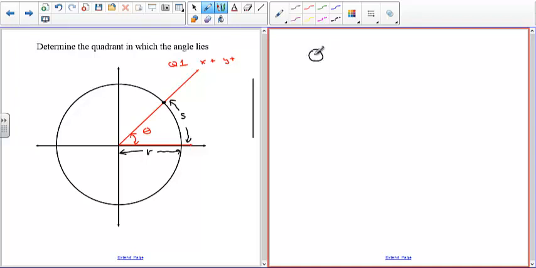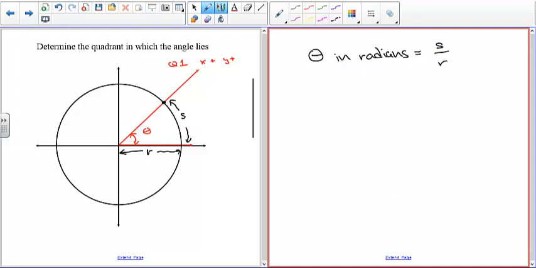So the angle theta in radians is defined not by a full circle being 360 degrees, with the angles between 0 and 360 degrees being proportions of that. What we do is we say the angle in radians is the ratio of the distance along the circle to the radius of the circle.